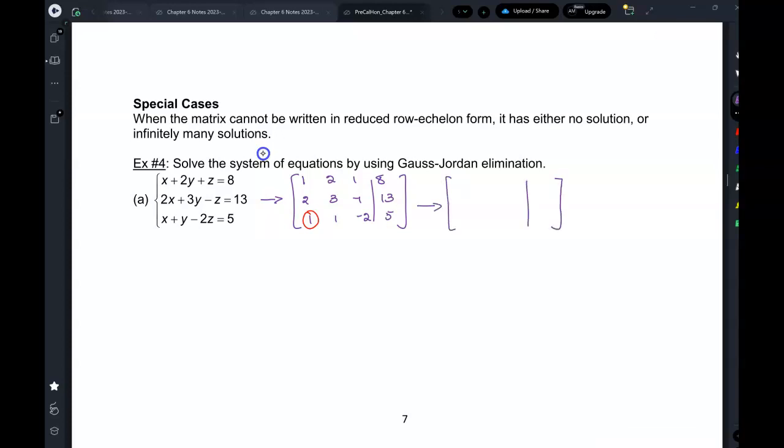Look at that one, and we have to combine it with another number in its column to get rid of it. Well, a really easy way to do that is R1 minus R3, right? Would that give you a 0 there? It would. So 2 minus 1 would be 1. 1 plus 2, 3, and then 3.